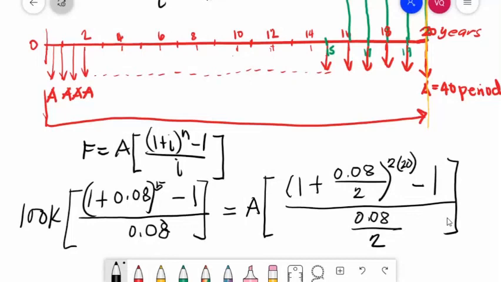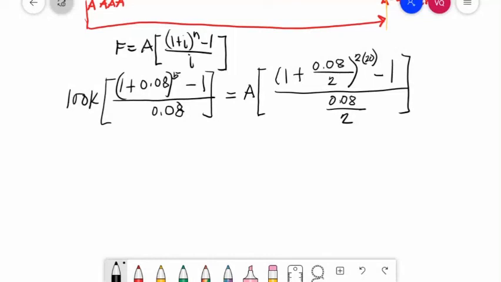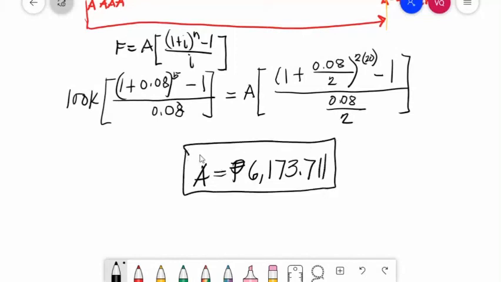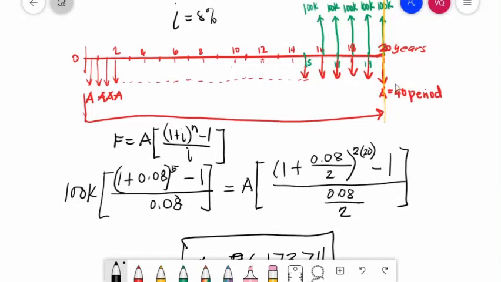So the value of the annuity will be equal to A is equal to 6,173.711 pesos. So, this is what he should deposit semi-annually for 20 years to be able to withdraw 100K each year for the last 5 years.